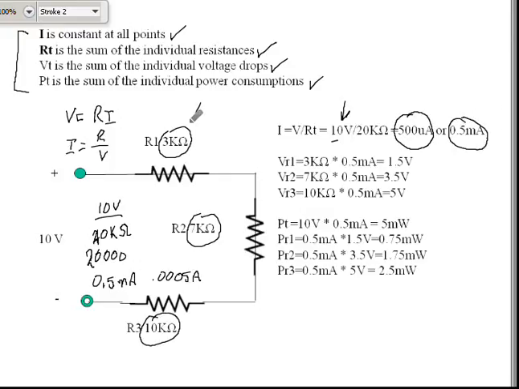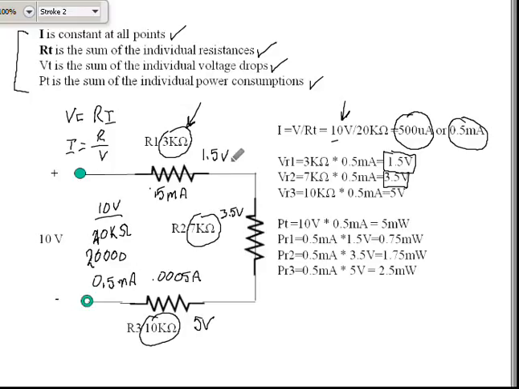Now, applying that to each one of my resistors to check the voltage drop, 3 k times 0.5 milliamps is going to equal 1.5 volts. Going through the line, I've got 1.5 volts, 3.5 volts, and finally the 10 k ohm resistor at 0.5 milliamps, or 500 microamps, is going to equal 5 volts, a voltage drop.